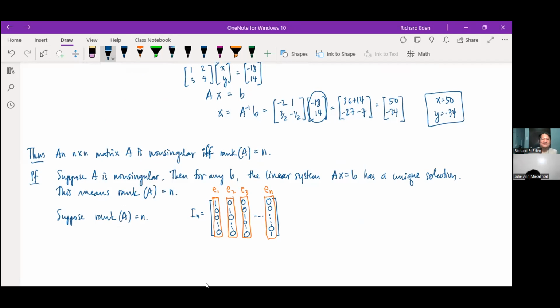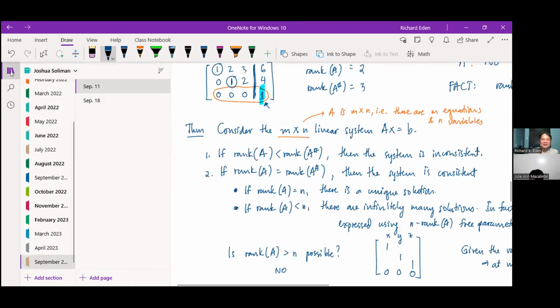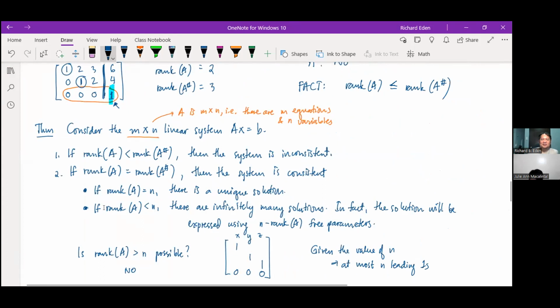Okay. Rank A is equal to N. So this means we can use this: if the rank of A is equal to N, the linear system AX equal to B will have a unique solution. In fact, we can replace B. B can be a particular column vector and you will have a unique solution. If you replace B by a different column vector, you will have another unique solution.